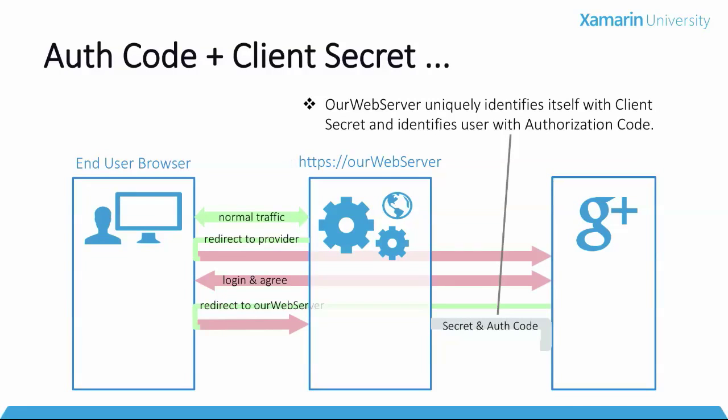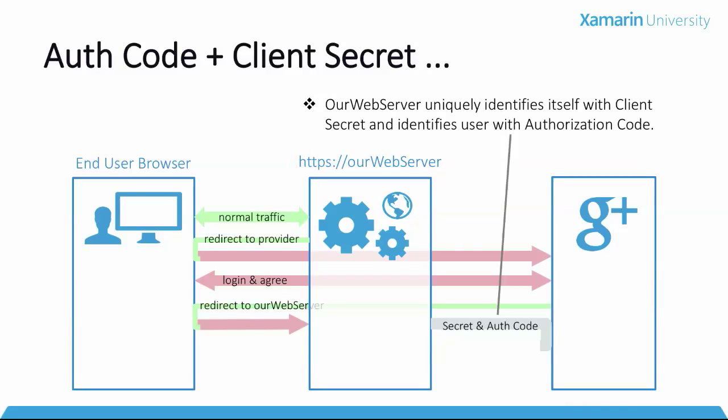So we send that authorization code over, but we also send our own app's client secret, because that now means that our application also is authenticated, because that secret is essentially like an application's password. So the auth code plus the secret are proof of both the user's identity and the client application's identity.